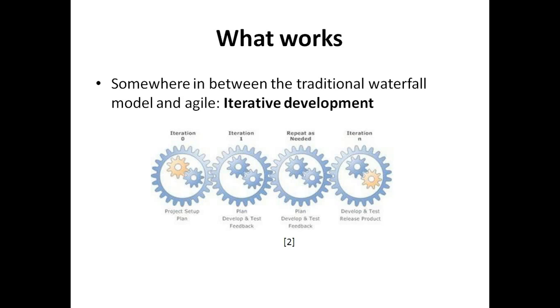Then there are a number of iterations which are repeated as required, wherein you plan, you develop, you test, and you give feedback. This is basically what iterative development is all about. Once you're satisfied with the level of product you've got, then you release the product.